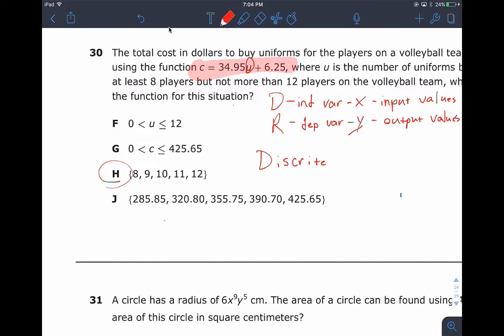So H is probably going to be the best option there. F and G, notice that those are your different costs. Or actually, I'm sorry, G is your different costs there. So we're not dealing with cost. U, this isn't the right domain for the function, because it's saying you can get 0 uniforms, but actually we're probably going to get a little bit more than 8.